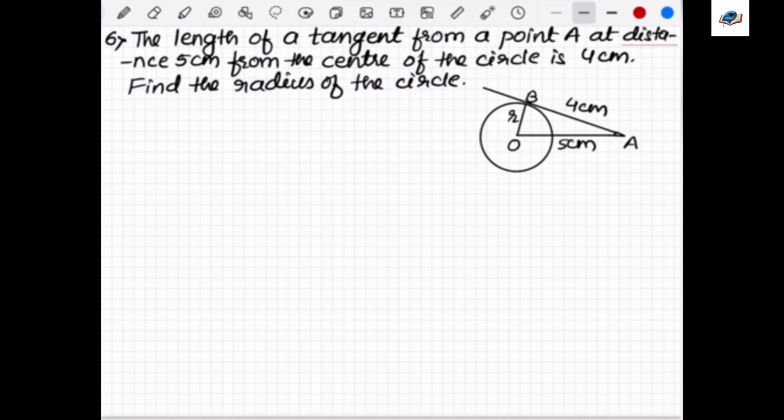Now we know that OB is perpendicular to AB. Therefore, in triangle OAB, angle B equal to 90 degree.